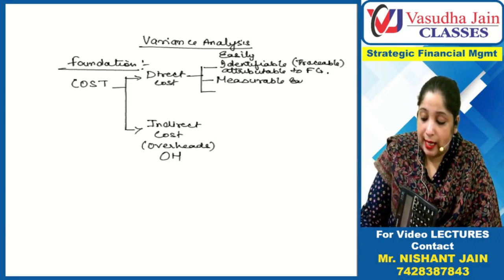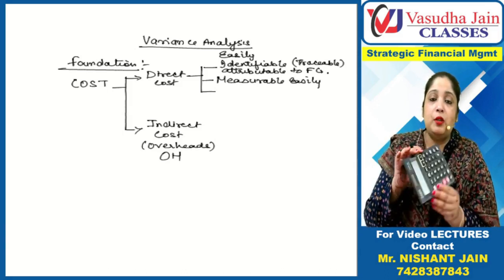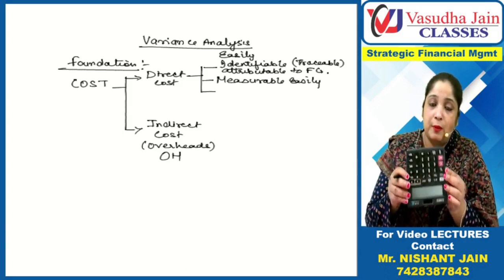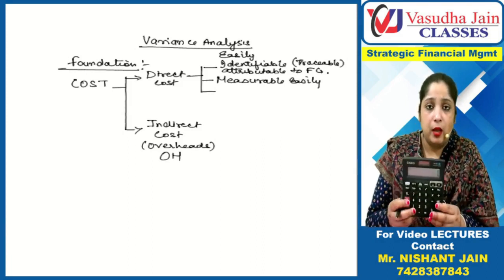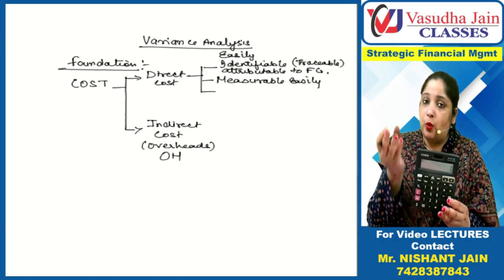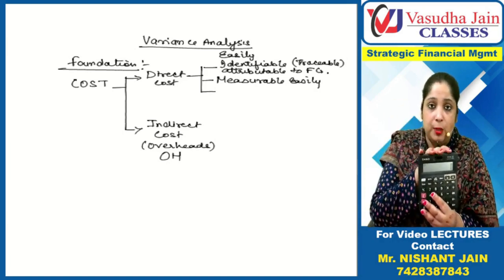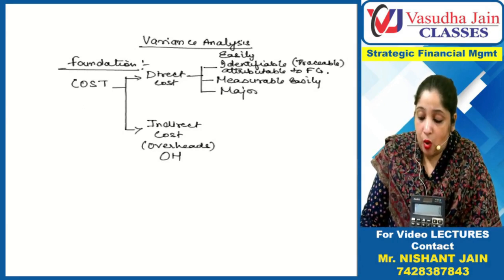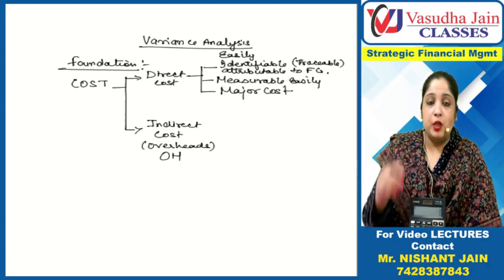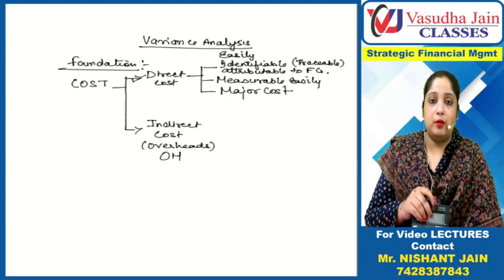Easily measurable implies that you can easily say, okay, 70 rupees of material has been used in preparation of this calculator, and it is easily attributable. It was actually picked up and used in this product. Easily measurable, and it is a major cost, not a small cost. Then it will be covered under direct cost.